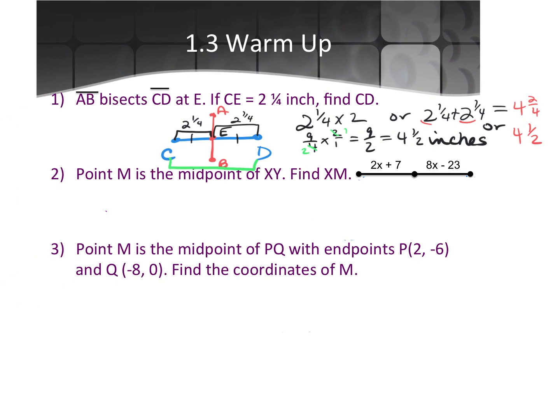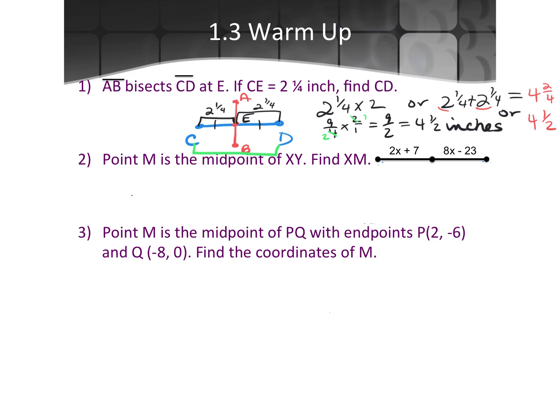For the next one, they're telling us that point M is the midpoint of XY, and XY got erased here. So this is XY, and this is your midpoint. Remember, when you're given that something is a midpoint, that splits your segment into two congruent pieces. So I know that XM is going to be equal to MY.